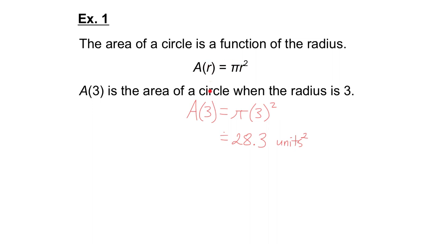The input is r. Here, the input is 3. So if r is replaced with 3, you replace r with 3 in the actual function as well. And then you can just do the calculation. Pi multiplied by 3 squared. Pi multiplied by 9. You get an answer of approximately 28.3 units squared because this is the area.